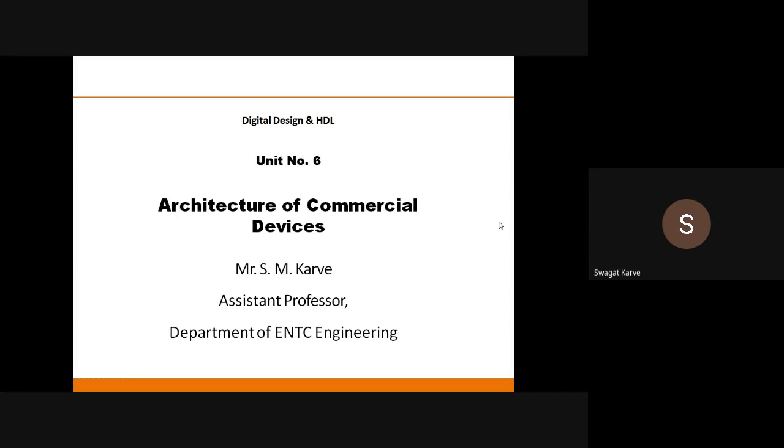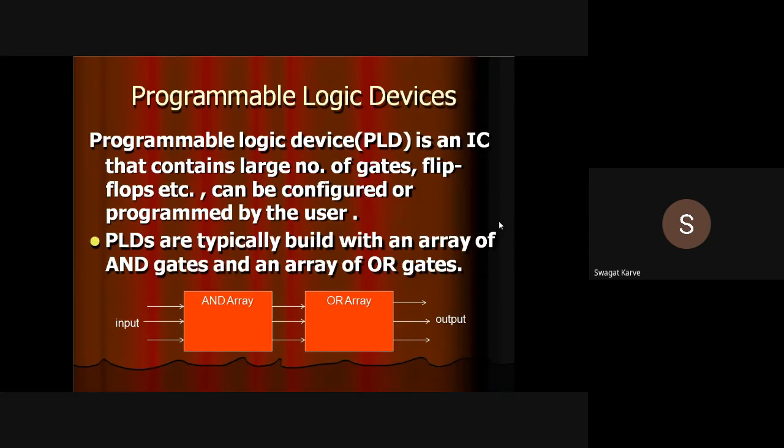So there are many CPLDs available, different ASICs, and FPGAs. All these things we will cover in this unit. So, architecture of commercial devices. This is the title of our unit number 6.